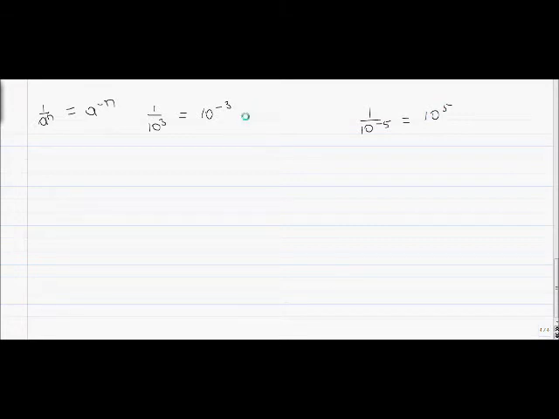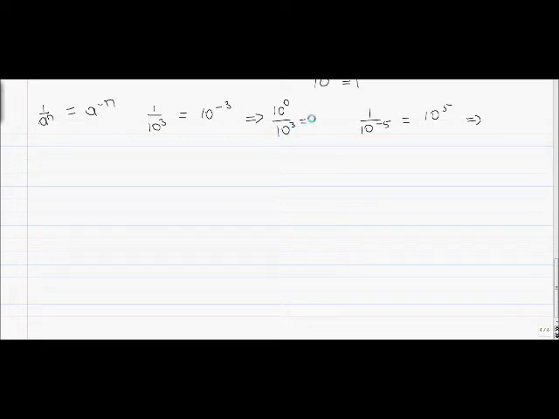There are actually problems that could be done in a little easier way, because just like we spoke about in lesson 1a, if you have 10 to the 0, it's equal to 1. So anytime you see 1, you can replace it with something like 10 to the 0, because anything to the 0 power gives us 1. So instead of using 1 on top, we can actually write down 10 to the 0 divided by 10 to the third.